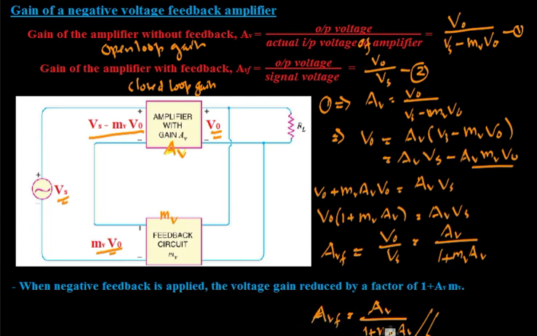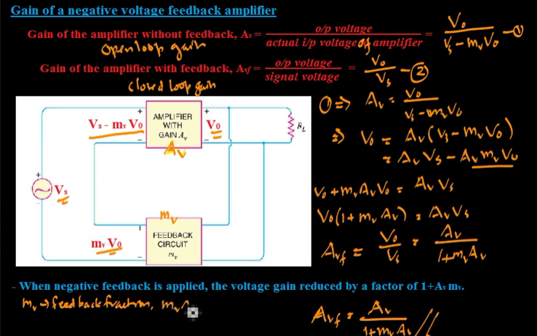1 plus AV into MV, where AV is called the open loop gain, AVF is called closed loop gain, MV is called the feedback fraction, and MVAV is called feedback factor.